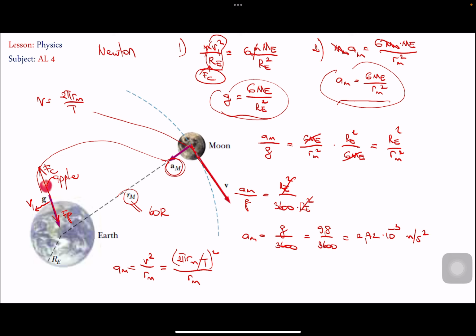So I can write 4π squared times, one of the r is simplified, so I have here 60r, the radius of Earth, sorry, over the period squared. I know the period is about 27.32 days, or 2.36 times 10 to the power of 6 seconds, squared here. So the number will be exactly 2.72 times 10 to the power of minus 3 meters per second squared.